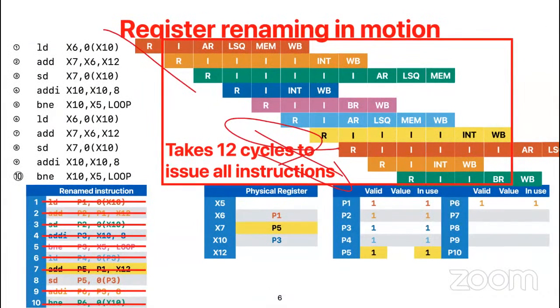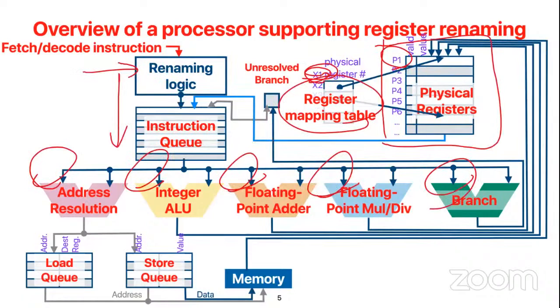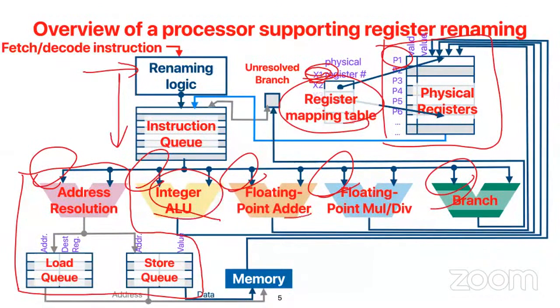Plus, if you look at the pipeline that we have, we have address resolution plus the load store queue for memory, the integer ALU, the floating point adder, the floating point multiplier, and the branch unit. But because we fetch one instruction at a time, we can only schedule one instruction at a time in most cases.